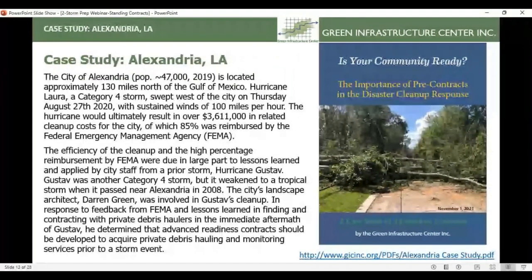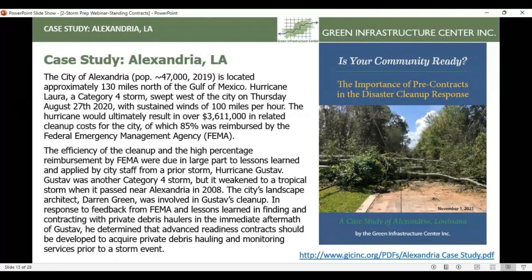So GIC ended up doing some research into pre-contracts and storm debris cleanup response efforts, and we were introduced to Darren Green from the city of Alexandria, and we ended up writing a case study with Darren about the work that he has done over his career working for the city of Alexandria.